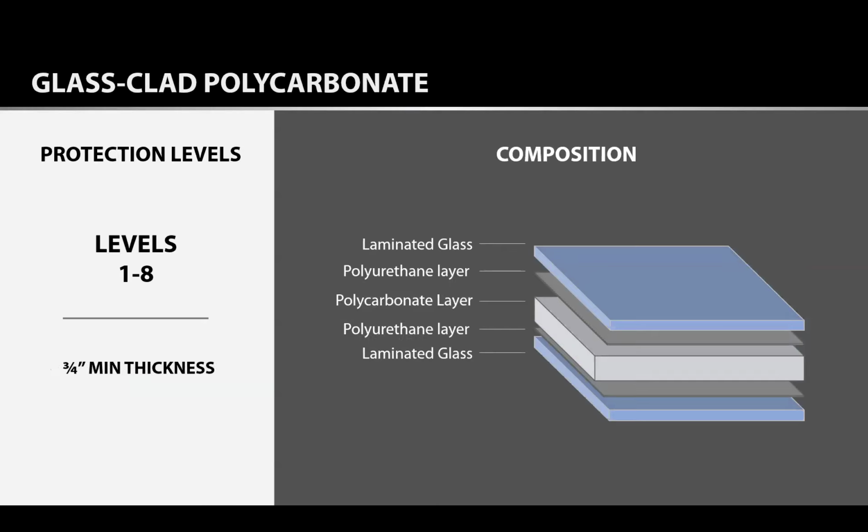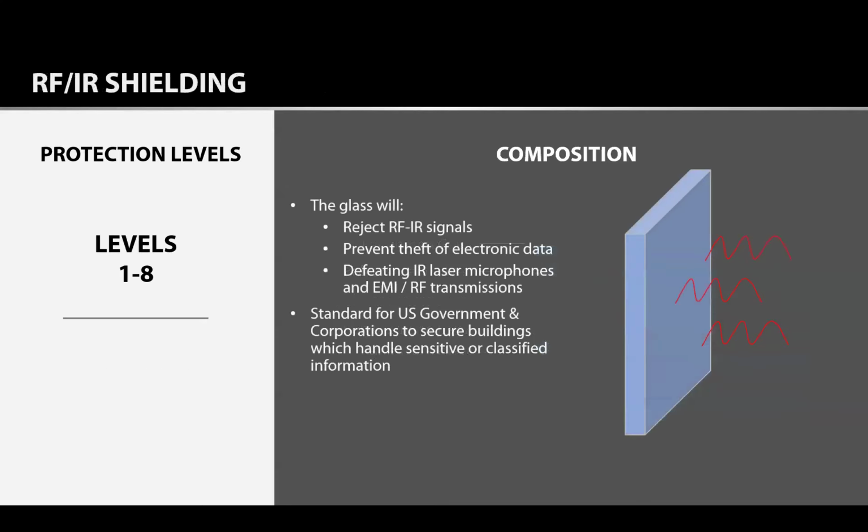It is a makeup and mixture of glass layers, polyurethane layers, and then you'll have your polycarbonate layers intertwined in there as well. These thicknesses of security glazing can range anywhere between 3/4 of an inch thick all the way up to 2.5 inches, or in some cases almost 3 inches thick as well, because you can get insulated ballistic and blast rated glass clad polycarbonate solutions as well, right?